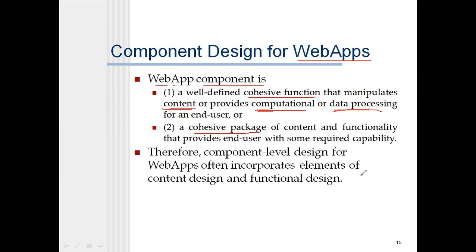Component level designing of a web app includes the elements of content design and functional design. It is a collection of both. Let us see one by one what content design is and what functional design is.